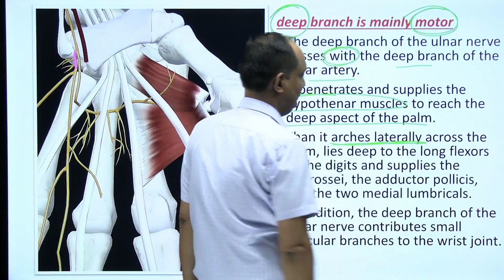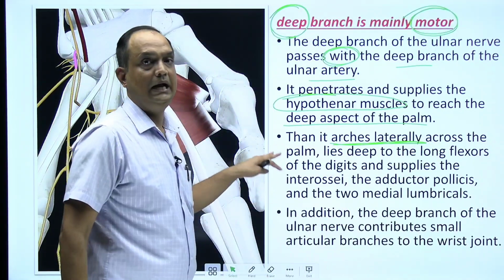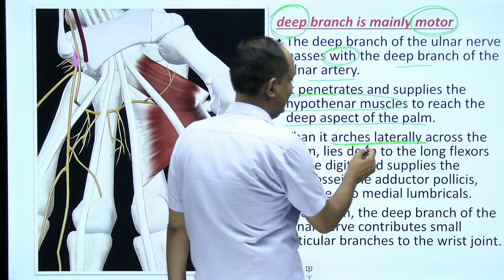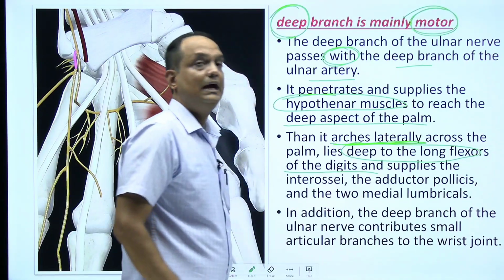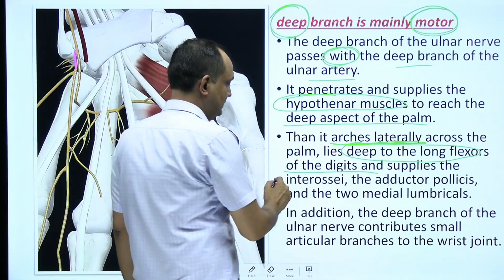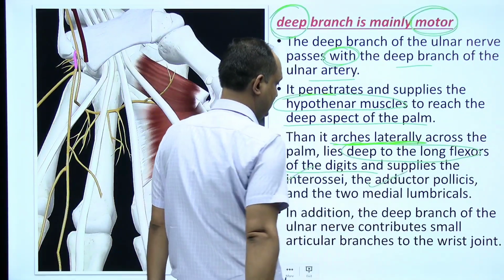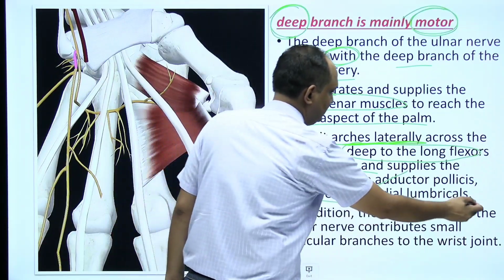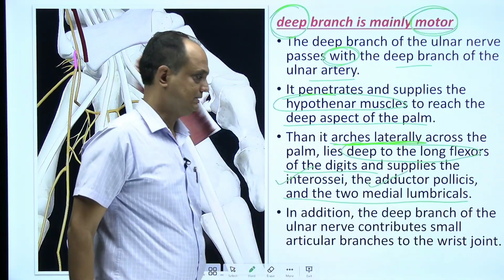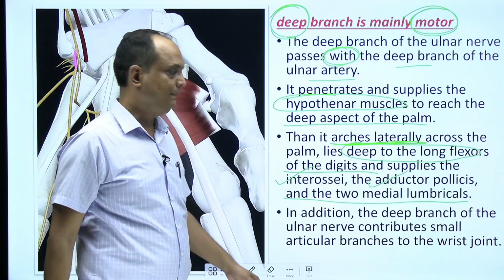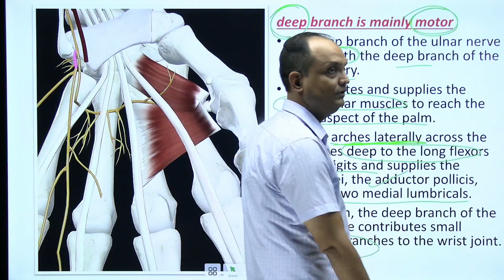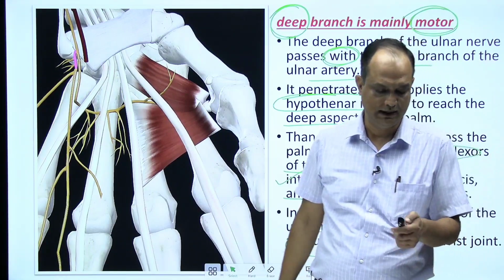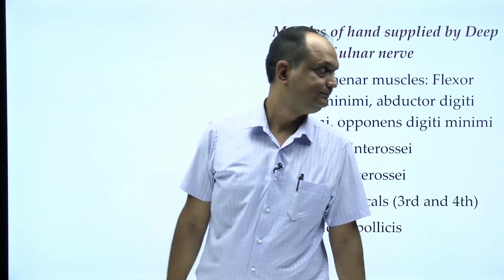From medial to lateral, it makes an arch across the palm, and across the palm it lies deep to the long flexor tendons of the digits, and ultimately it will supply the interosseous and adductor pollicis muscles with the two medial lumbricals. In addition, the deep branch of the ulnar nerve also gives articular branches which supply the small joints of the hand and the wrist joint.